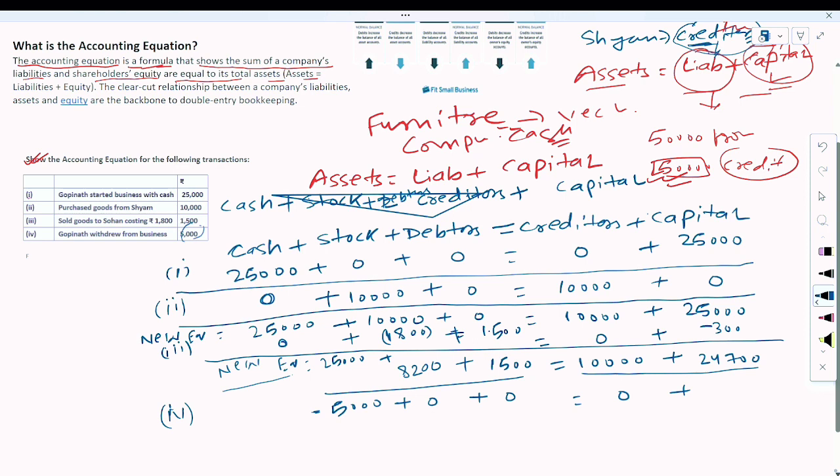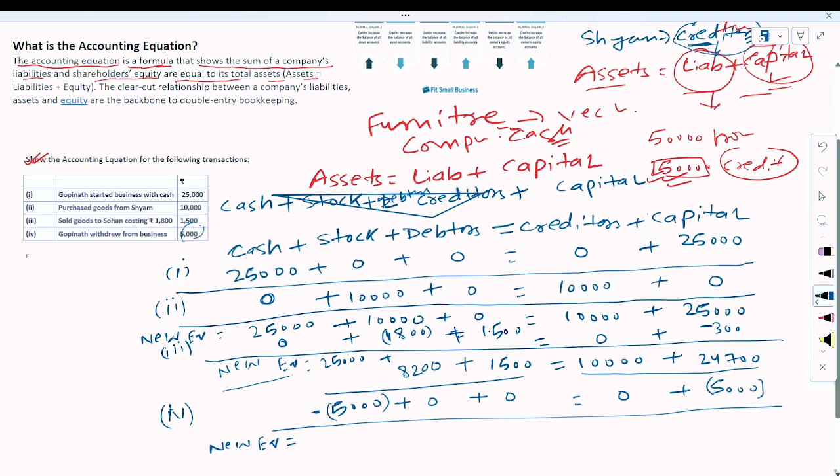It means your capital will also decrease by rupees 5,000. In accounts, bracket means minus. If you write minus, it is correct, and you can also use a bracket. Bracket means minus.